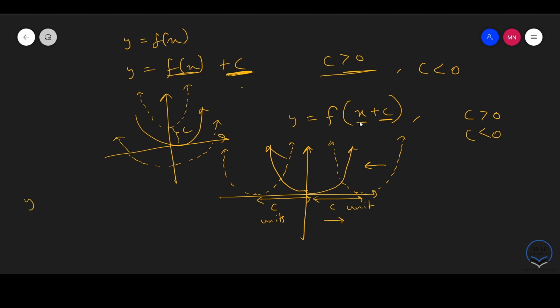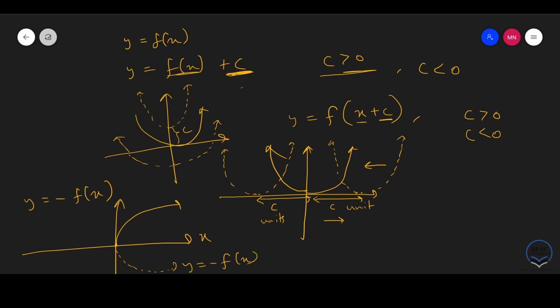And if we had y is equal to minus f of x, this is just a reflection of the graph along the x-axis. So if I have a graph like this, I'm just reflecting the graph along the x-axis. So this will be the graph of minus f of x, if this is the graph of f of x.